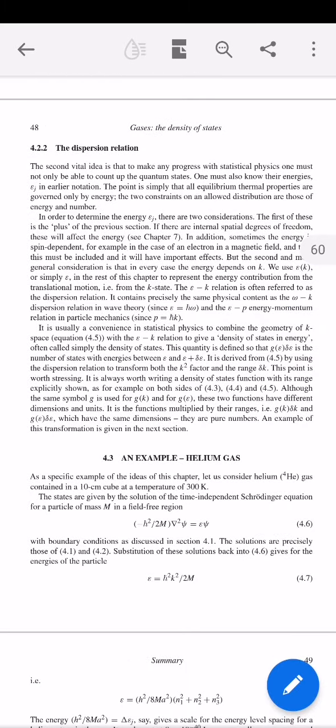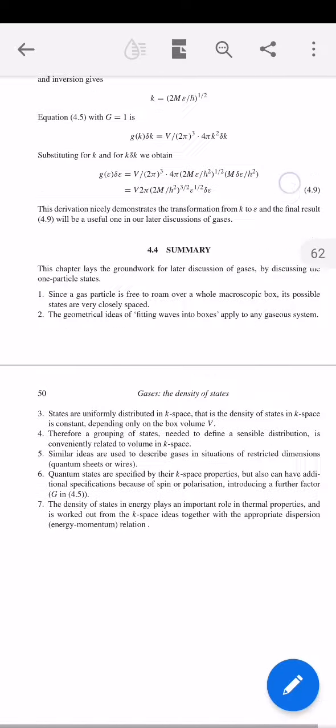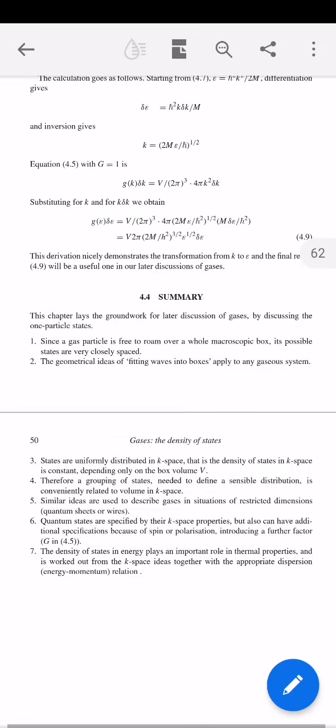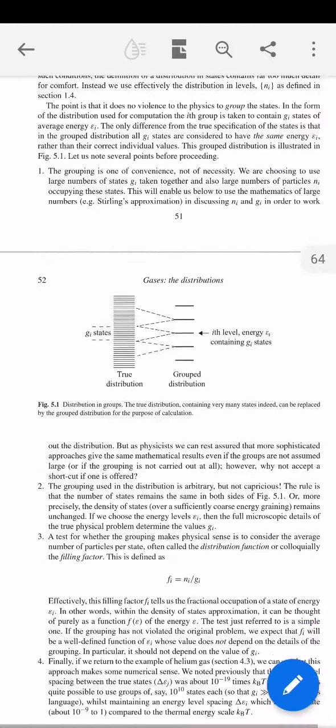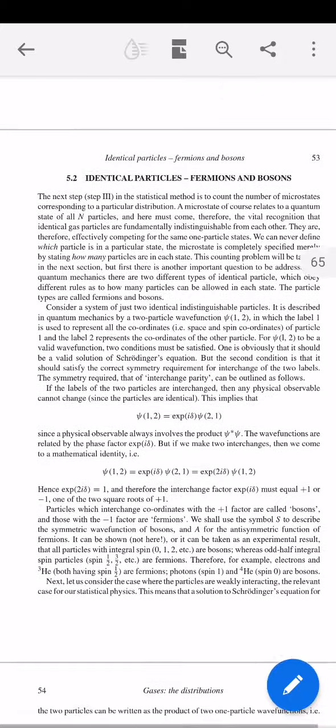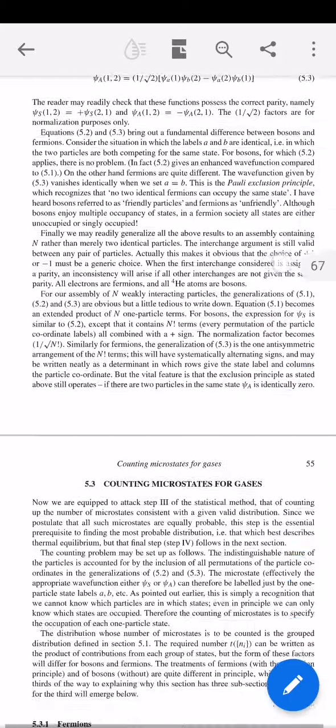Dispersion relation, that's Newtonian. And then these are the chapter summaries. Very, very useful indeed. Quite the gift. Worth your money for the book.